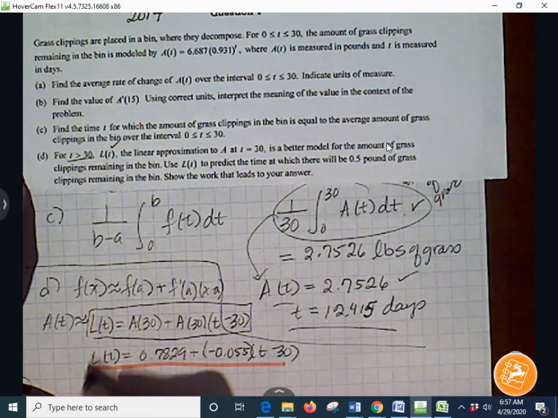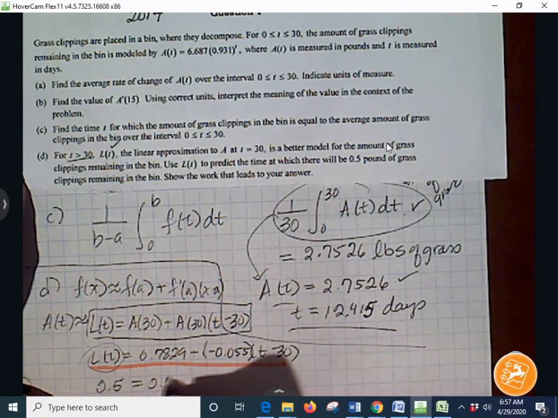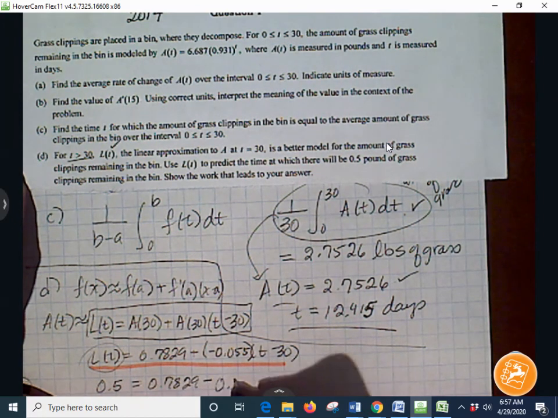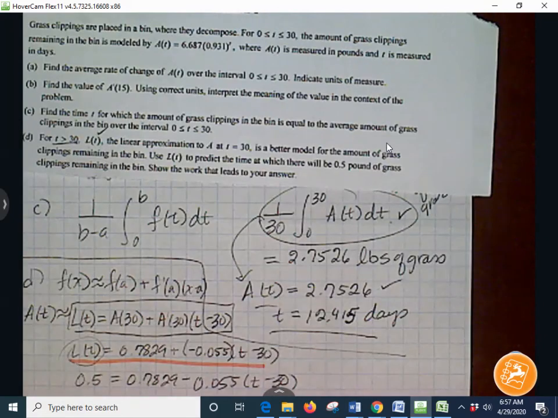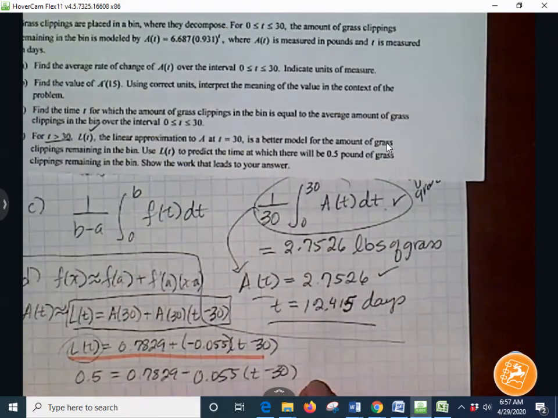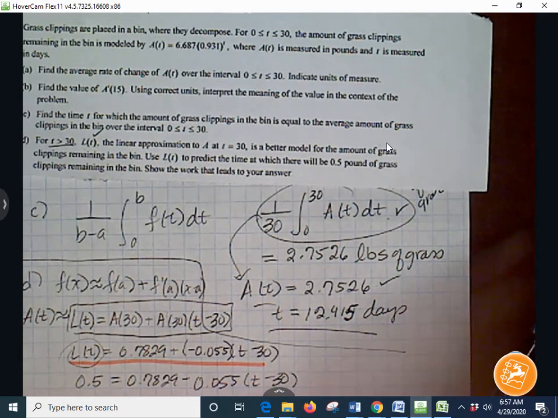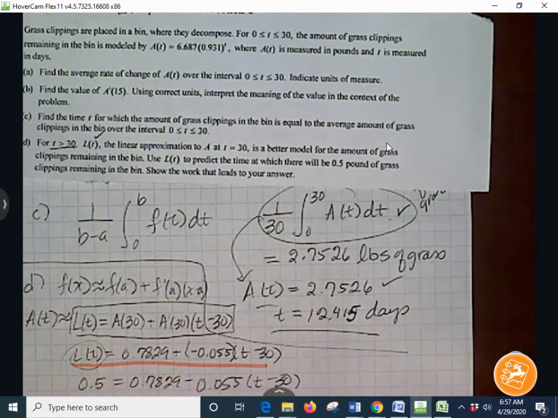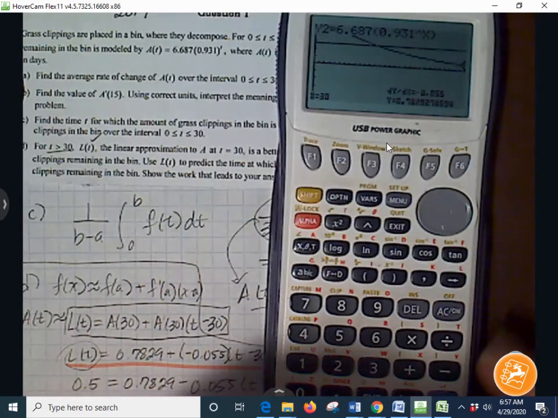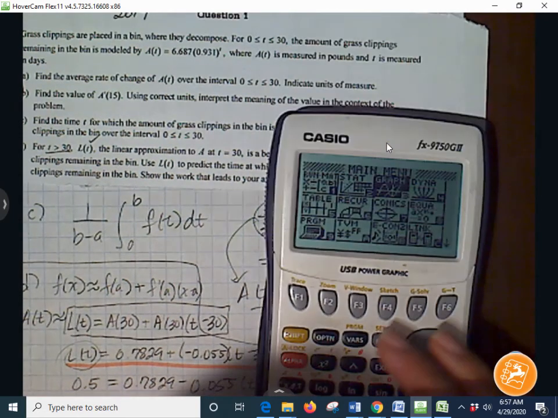I'm going to say 0.5 is equal to 0.7829 minus 0.055 times t minus 30, and I'm going to solve for t. I might as well solve by hand.